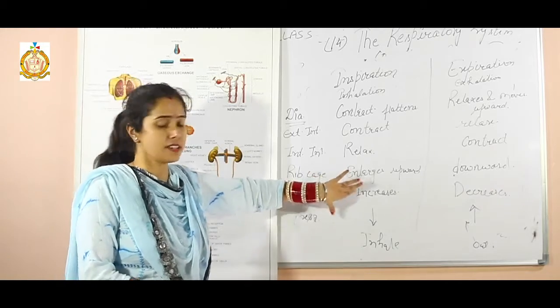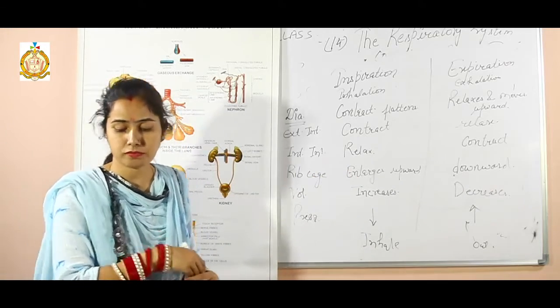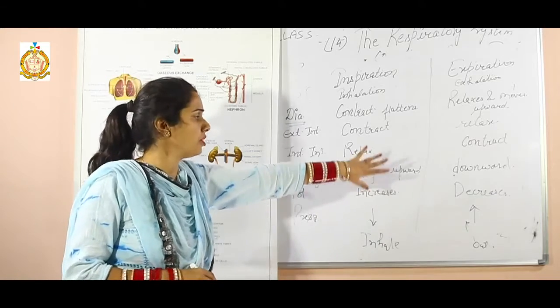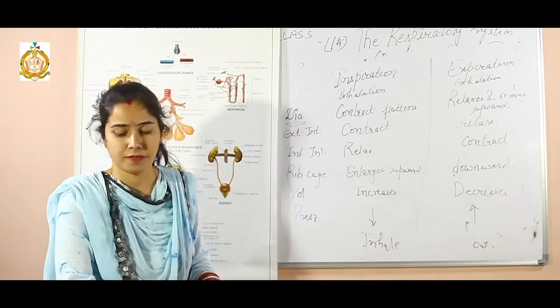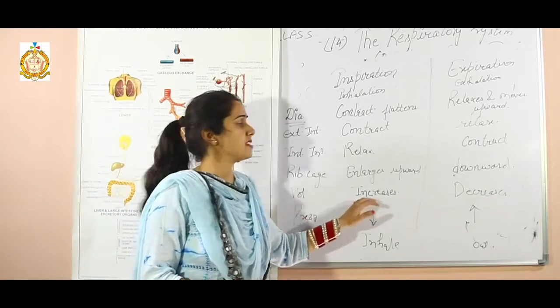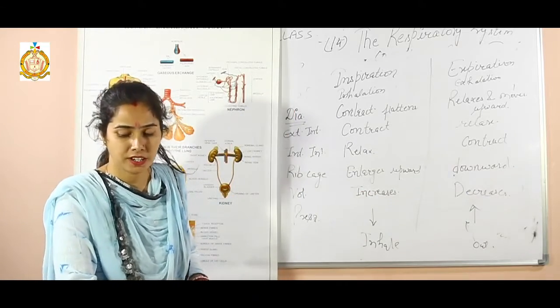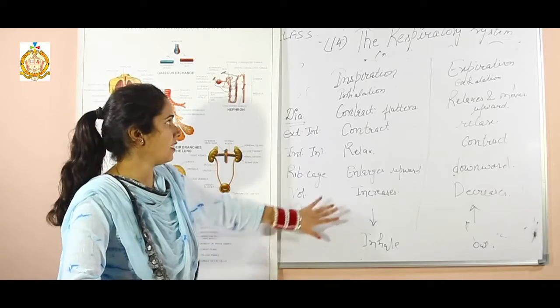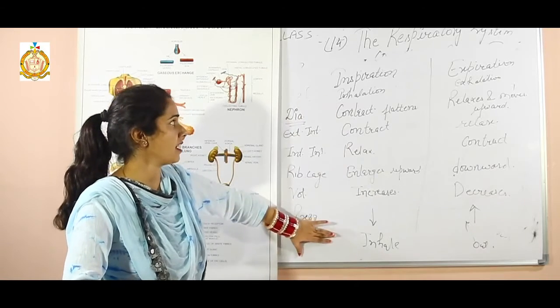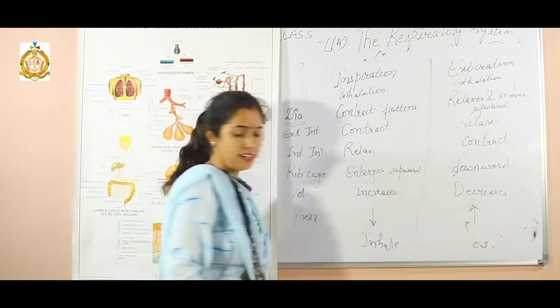It enlarges, moves upward and outward, and here it moves downward and inward. So the volume of the thoracic cavity increases in this case and decreases in this case. Then what happens with the pressure? It decreases inside the lungs during inspiration, and pressure increases here.